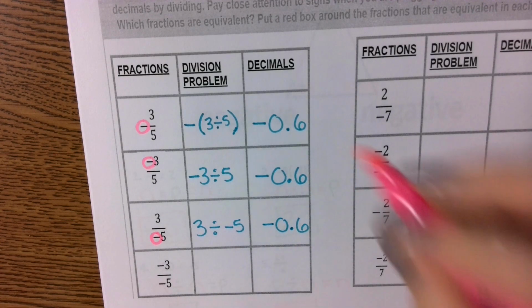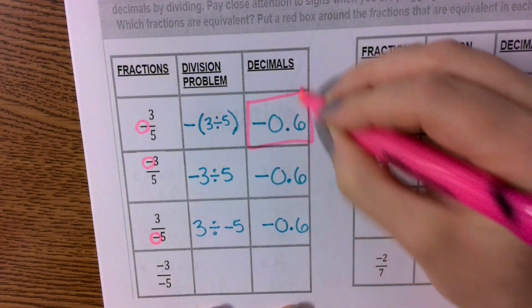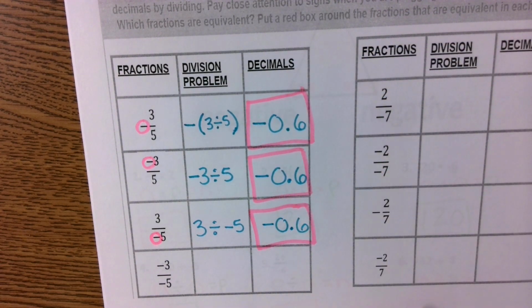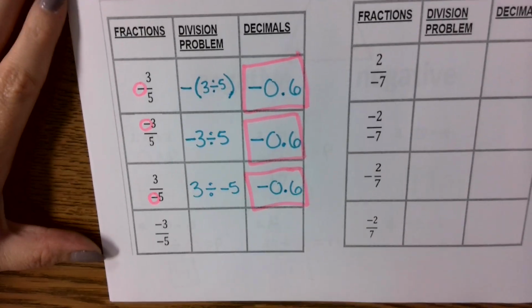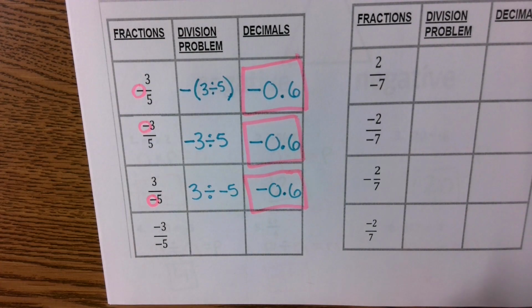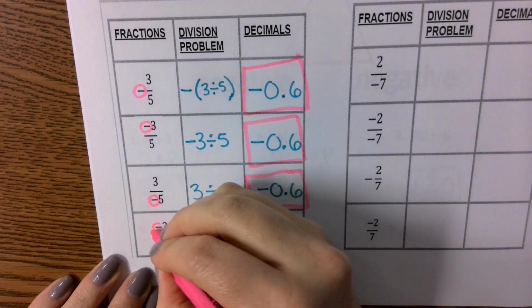So if we take a look, all of these are still going to come out to the exact same answer, until we get to the last one. What's different about the last fraction? Damien? It has negatives on both of them. We have 2 negatives this time.